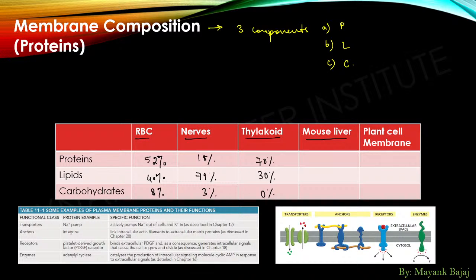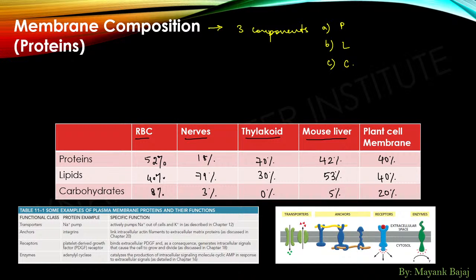Then mouse liver cell membrane: we have 42% proteins, 53% lipids, and 5% carbohydrates. Similarly, in the plant cell membrane, we have 40%, 40%, and 20% of proteins, lipids, and carbohydrates respectively.